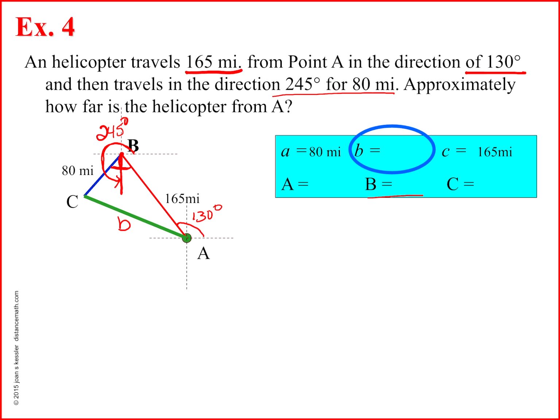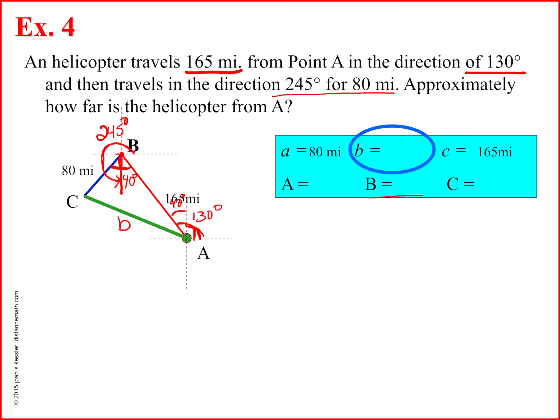What is going to be this little angle right here? Actually, let's start down here first. This is 130, and this is 90 of it, so I know this little angle is 40. Then by knowing alternate interior angles, things that you learned last year, this is also 40.